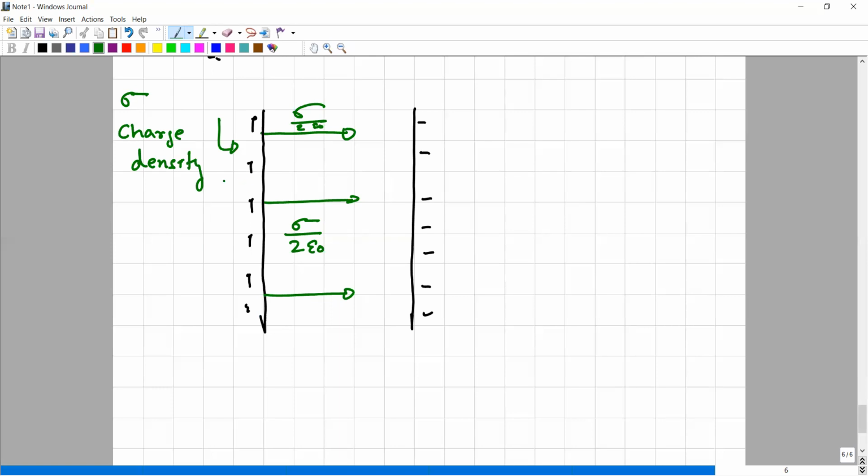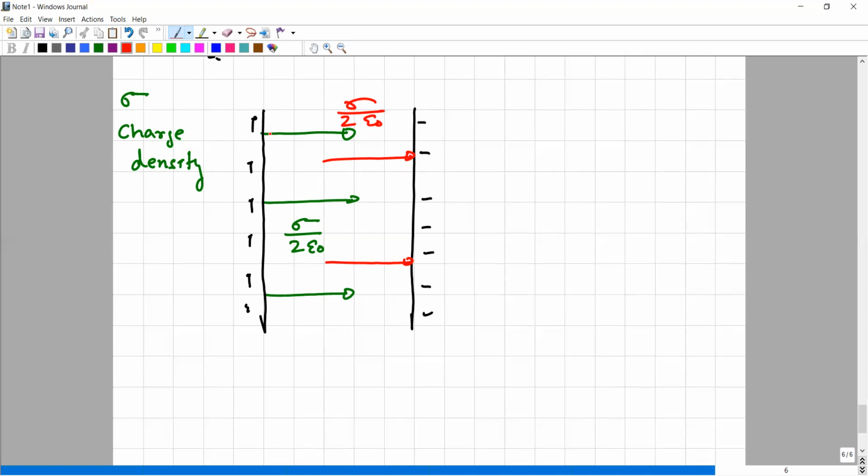So sigma is the charge density of the plate. The positive plate creates an electric field of sigma by 2 epsilon naught. The negative plate will also create an electric field pointing towards itself, and that electric field will also be the same, sigma over 2 epsilon naught.